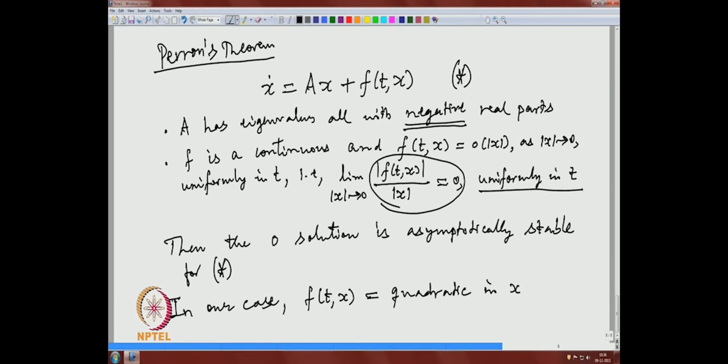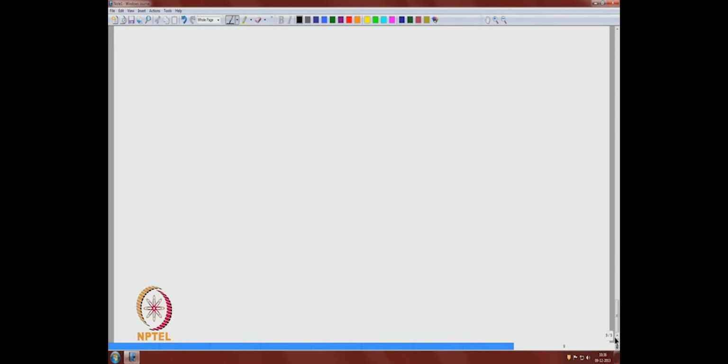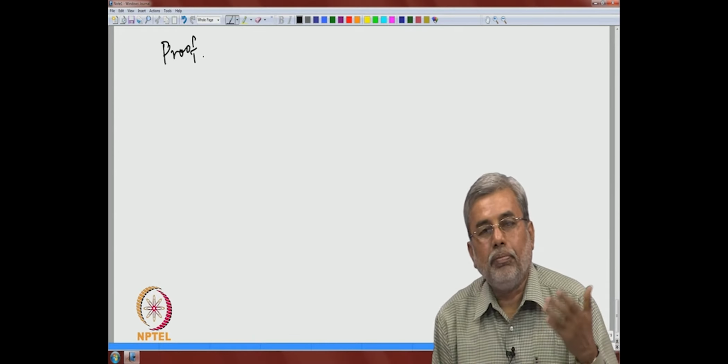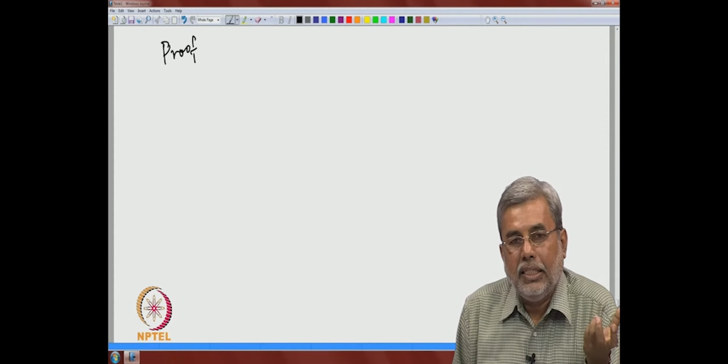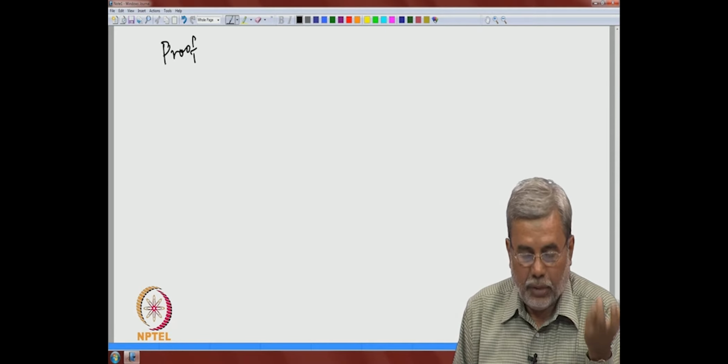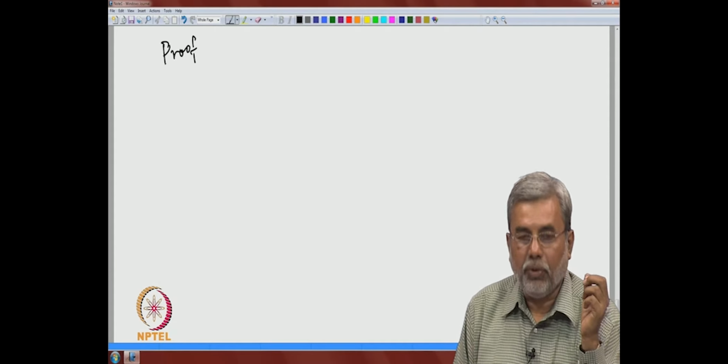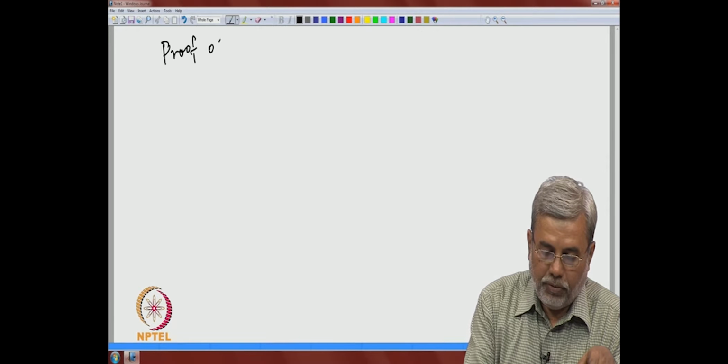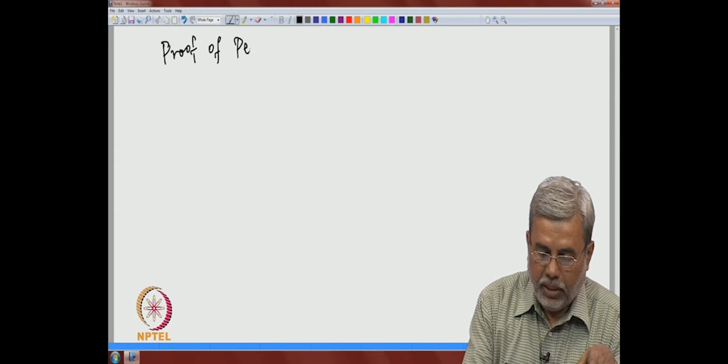So, let me just give a proof of this. You see some interplay between analysis and linear algebra and differential equations, of course. So, proof of Perron's theorem.